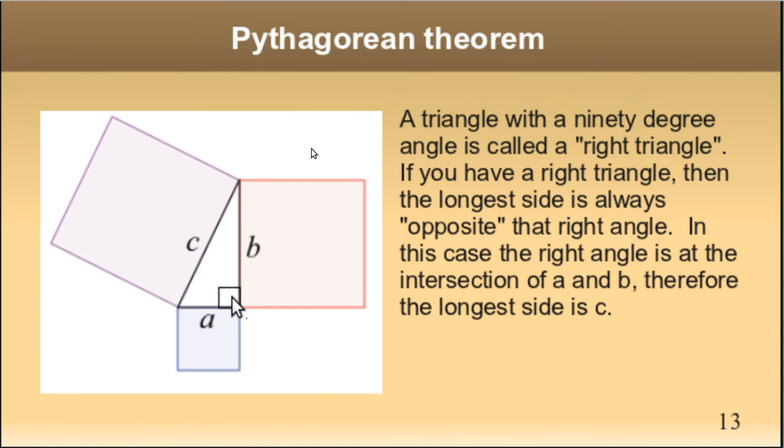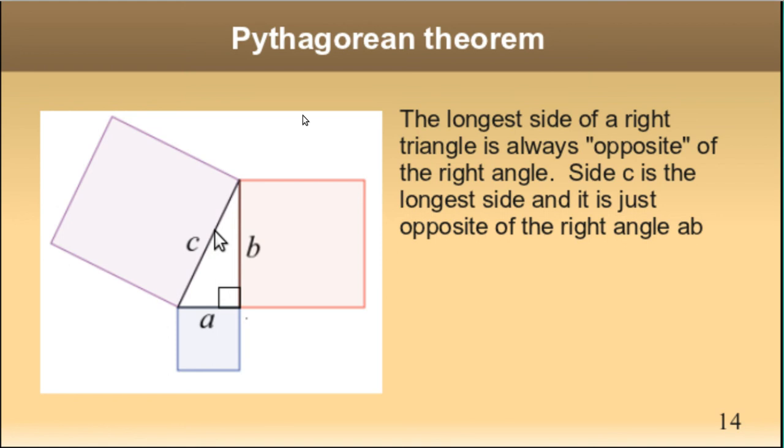If you have a right triangle, then the longest side is always opposite the right angle. If the right angle is in this corner, the longest side is always going to be opposite. In this case, the right angle is at the intersection of A and B. Therefore, the long side is C in this case.